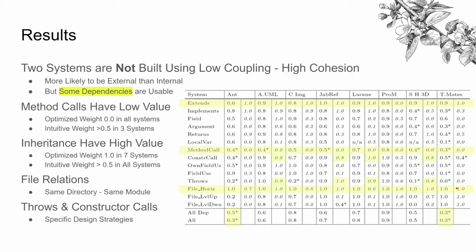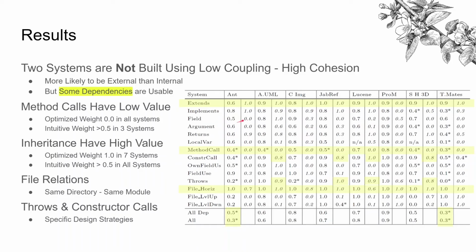We also have the same for the physical file structure when files are located in the same directory. In general, we see that the optimized weights are 0 for all of the systems for the method call dependency type. This is in contrast to the related work.